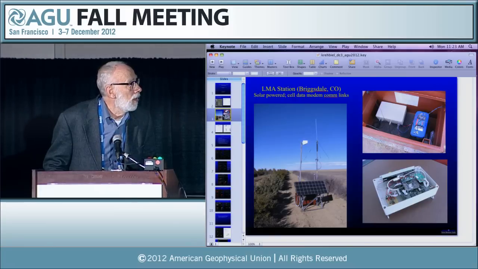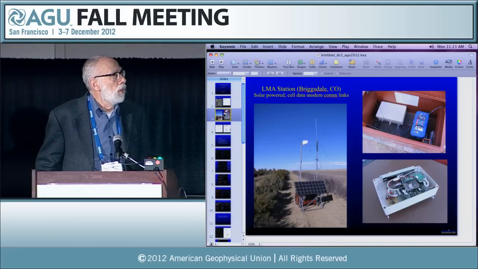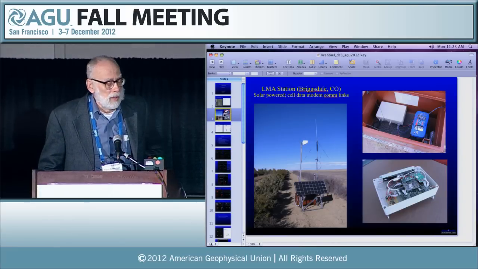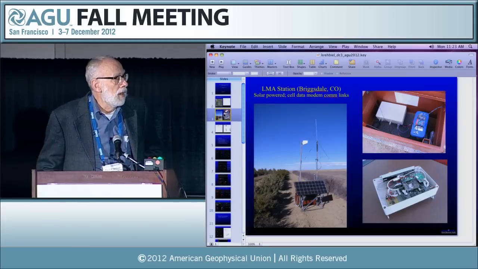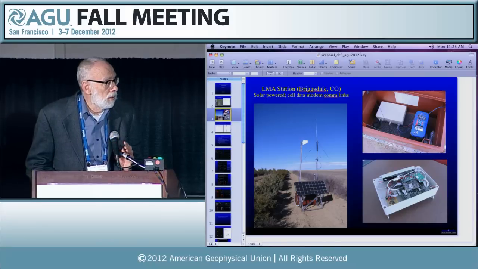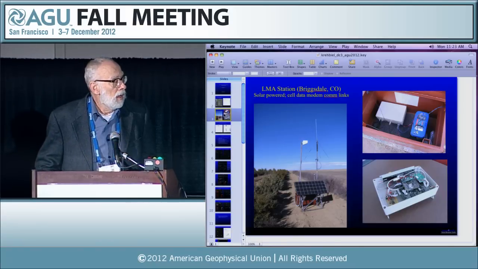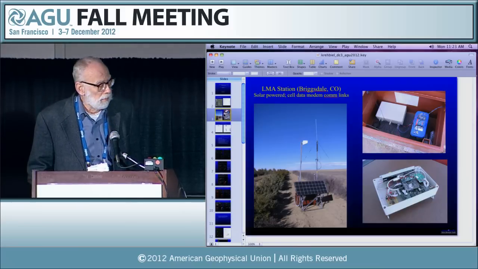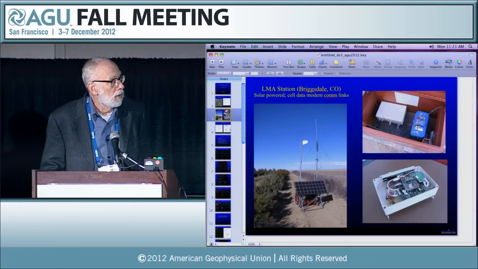They operate off of solar power and have cell phone data modem links into the internet, so there's no connection required. It's completely standalone and autonomous and records automatically. The data are communicated back in real time to a central processing computer in New Mexico for the real-time data analysis.